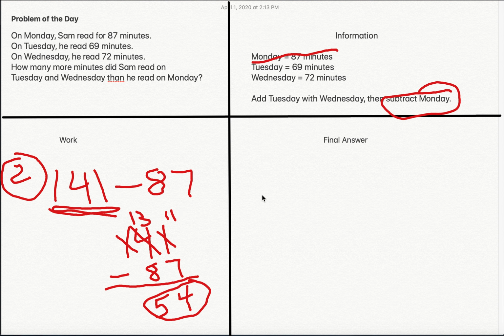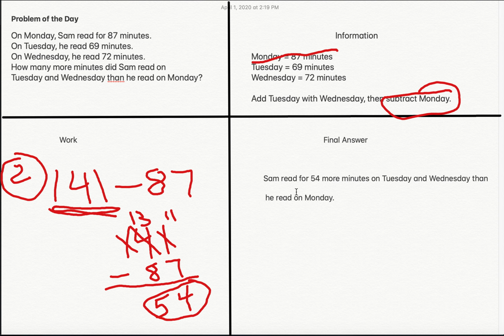So, let's go over and put that in our final answer box. As I scoot over. Here we go. So Sam read for 54 more minutes on Tuesday and Wednesday than he read on Monday.